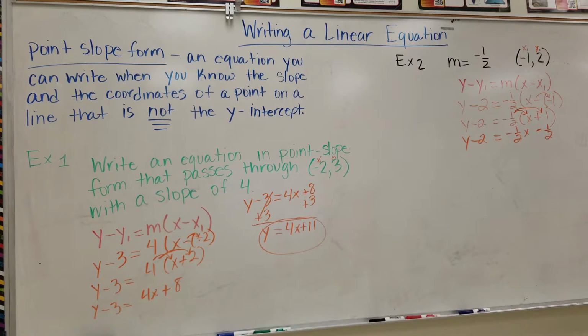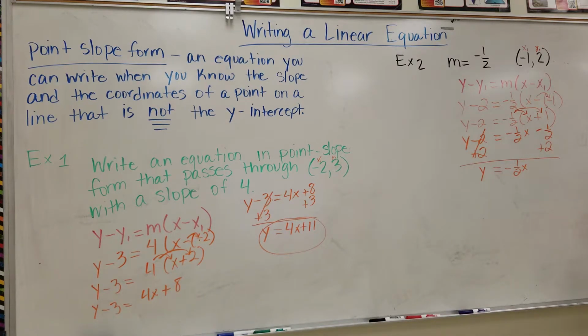From here, we have to combine our like terms. So we add 2 on this side, and what we do to one side, we do to the other. These cancel out and we're left with y. We bring this down, negative 1/2 x.